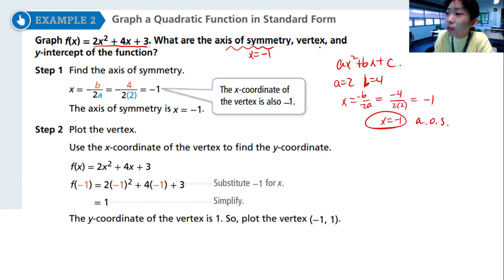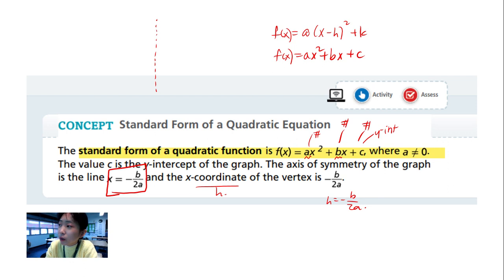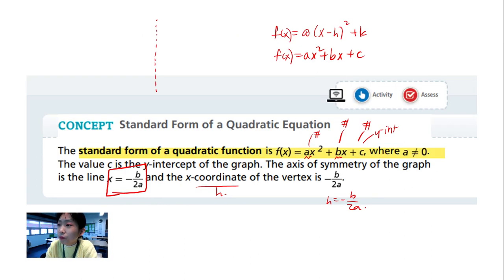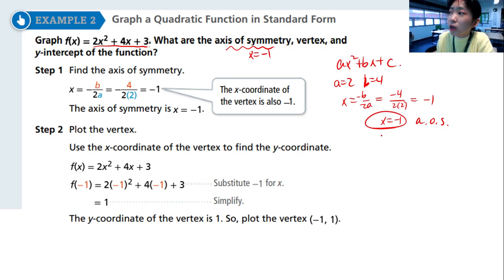Use the vertex equation as well. First we find the x-coordinate of the vertex. The equation for the x-coordinate of the vertex is negative b over 2a, which is the same as your axis of symmetry, right? You see that? So x equals negative 1 is the x-coordinate of your vertex.